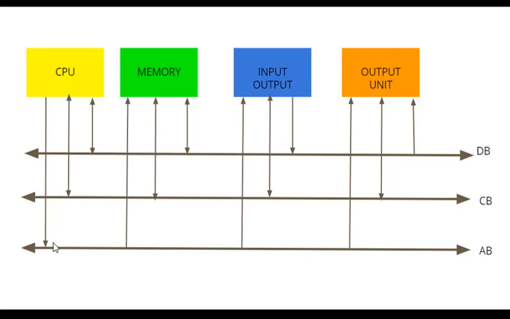Once the memory location is identified, the address bus will send the memory location to that memory unit. After the address bus sends the memory location, the microprocessor, that is CPU, will send the memory read control signal to that memory location. Then comes the job of your control bus. Over here, control bus will carry the memory read control signal from the microprocessor to your memory location.